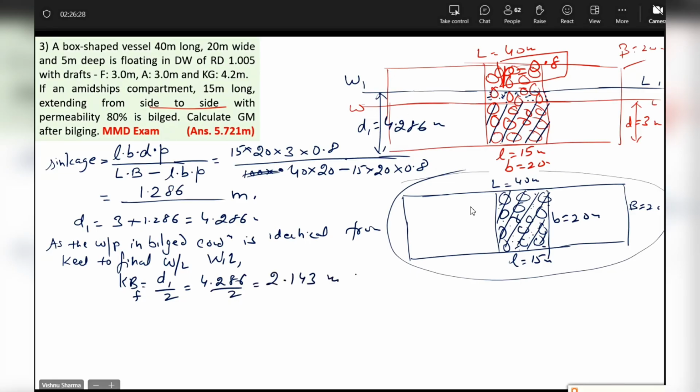Is that clear, beta? You can just cut short then. Anybody who has any questions on KB? If you calculate by moments, you'll still get the same. So why waste time?